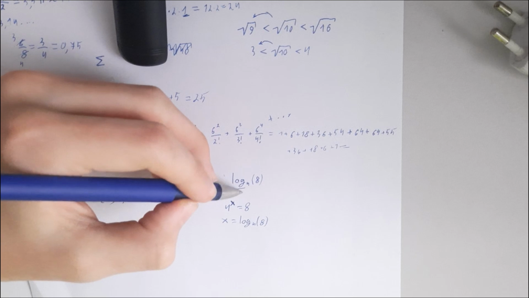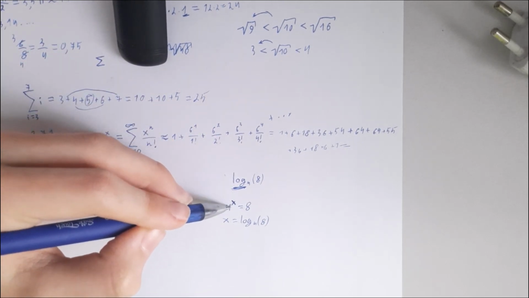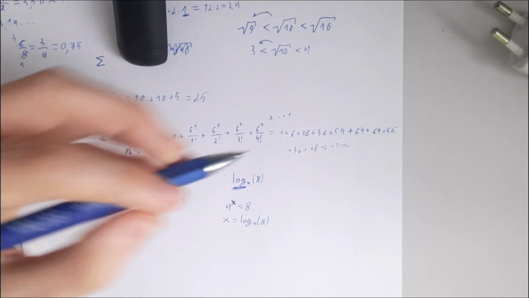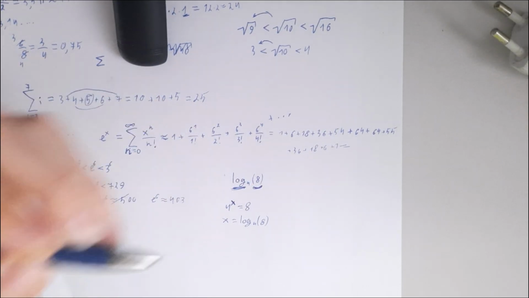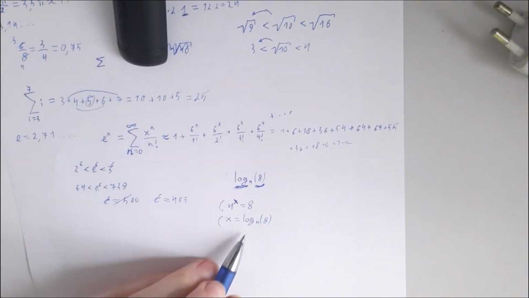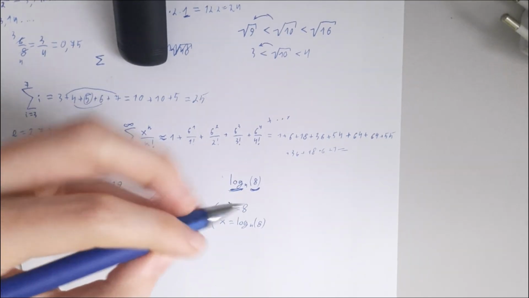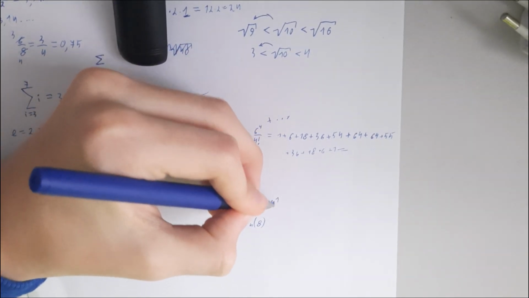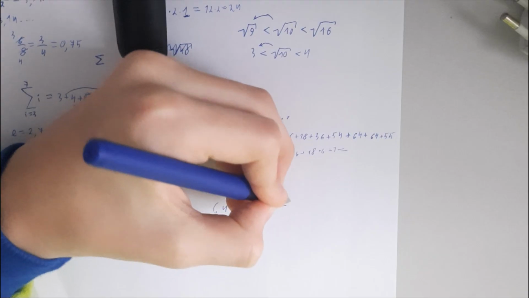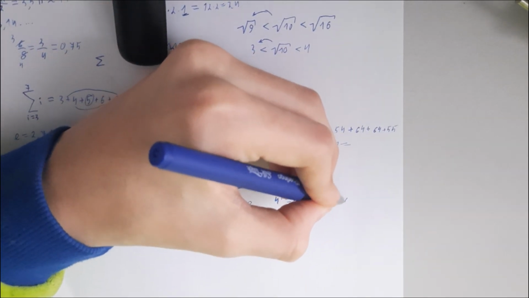The next one is the logarithm of 8 to the base of 4. So basically, the logarithm is just the power to which our base must be raised to equal this part. In this example, x is the logarithm of 8 to the base of 4. Let's see. 4 to the power of 1 is equal to 4, and 4 to the power of 2 is equal to 16.